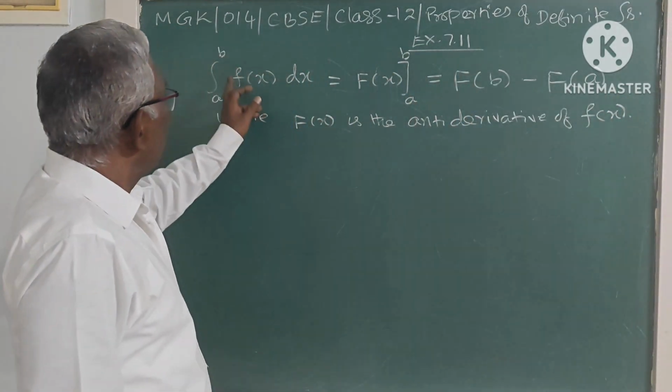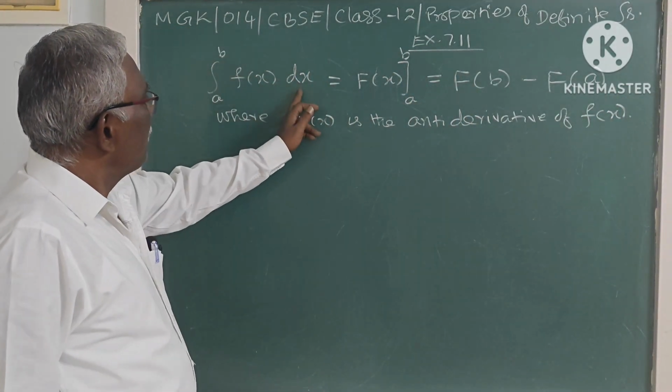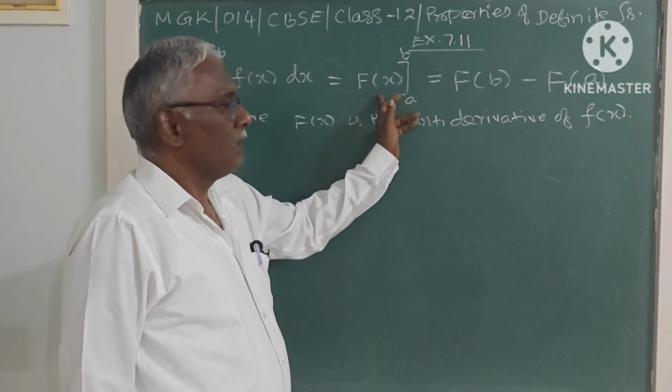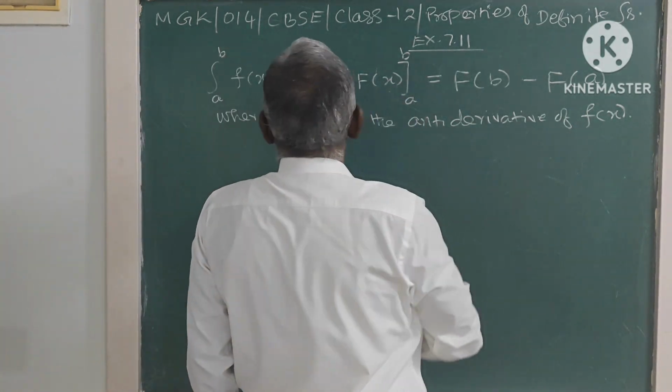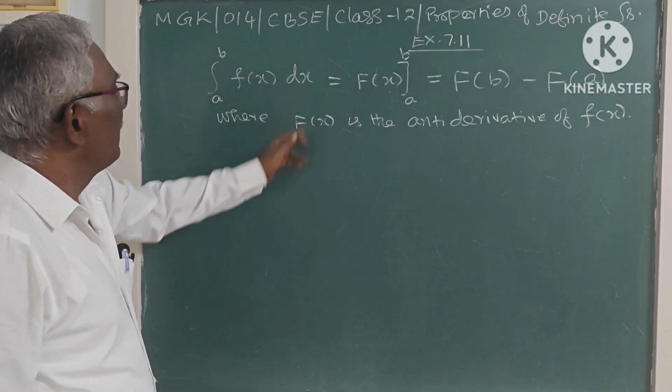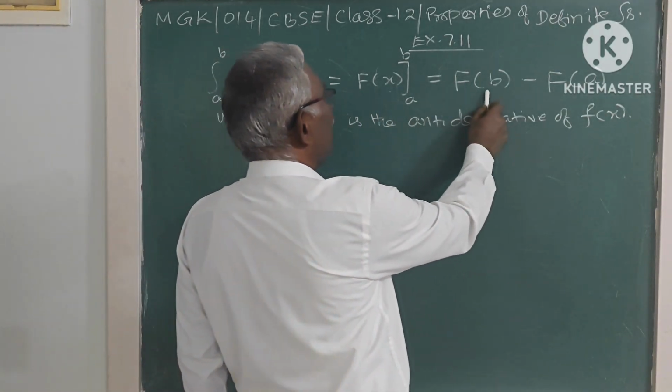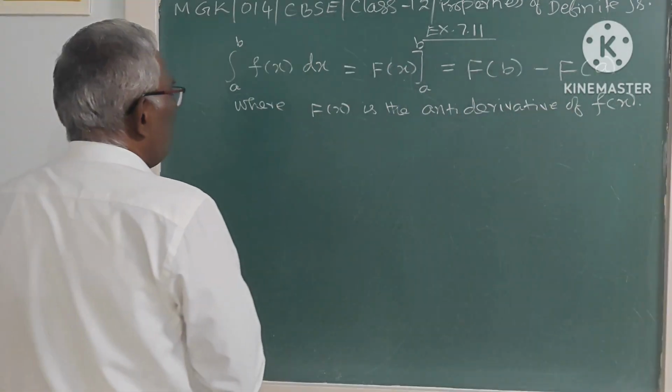That means if we integrate f of x with respect to x and we get capital F of x, then the value of this integral will be F of b minus F of a.